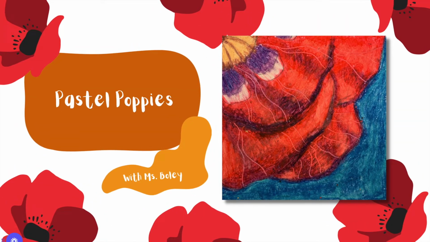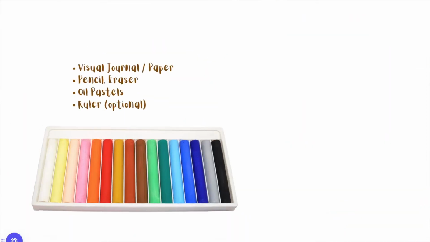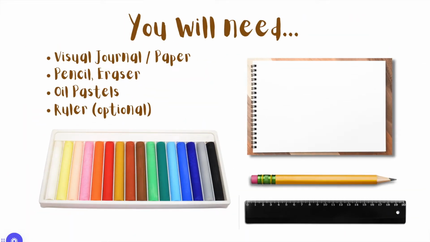Pastel Poppies with Ms. Boley. So for this project, you will need your visual journal or a sheet of paper, a pencil and an eraser. It's also optional to have a ruler, and I'm going to use oil pastels. Part of the project is learning a new material, trying out a new material and using some oil pastels.